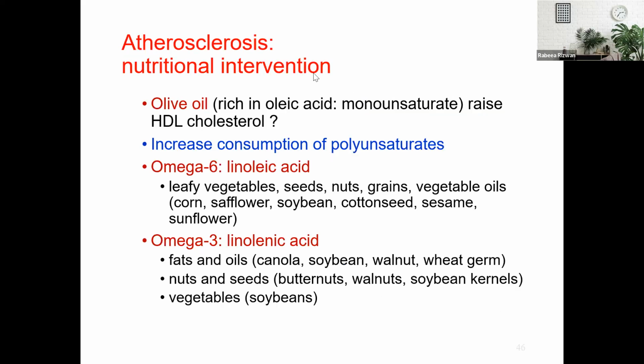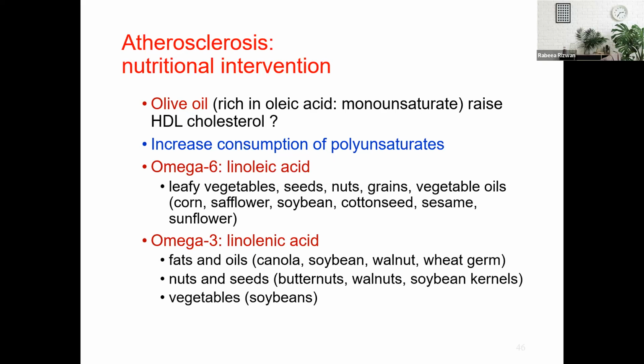So, what are the nutrition interventions? Research has found that using olive oil and omega-6 and omega-3, which are good fatty acids, is healthy for the diet and decreases the chances of atherosclerosis. Why? Because olive oil contains oleic acid, which is the chemical name of a good fat. It is a monounsaturated fat.